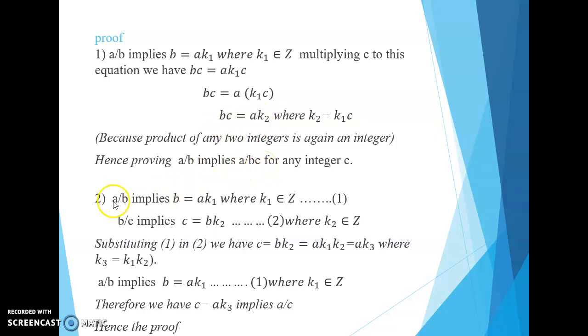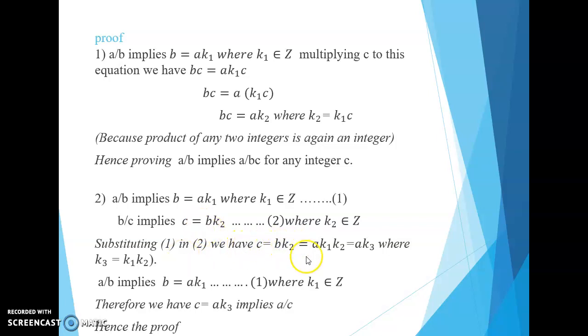The second property: I have to consider if A divides B and B divides C, we have to prove that A divides C. How is that? We'll see. A divides B implies that B is equal to AK1 by the definition of divisibility. Similarly, B divides C implies that C is equal to BK2. Now, substituting 1 in 2, we are having C is equal to BK2.